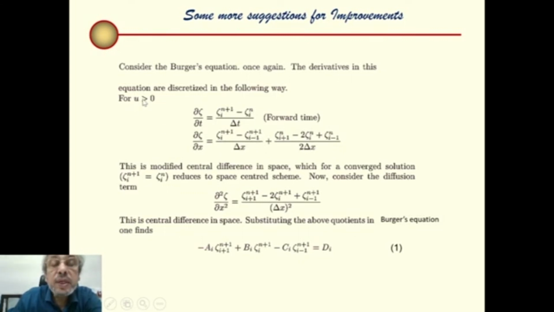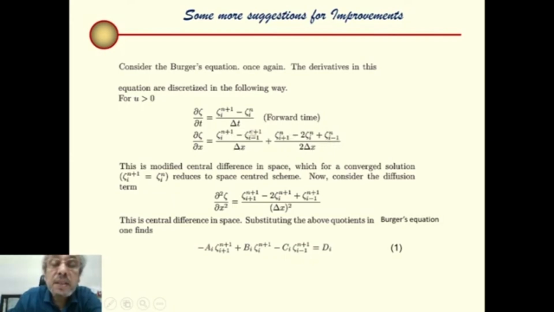Since u is positive, zeta i n plus 1 minus zeta i minus 1 n plus 1, at the n plus 1th level, plus central difference, zeta i plus 1 minus zeta i minus 1 by twice delta x at nth level.